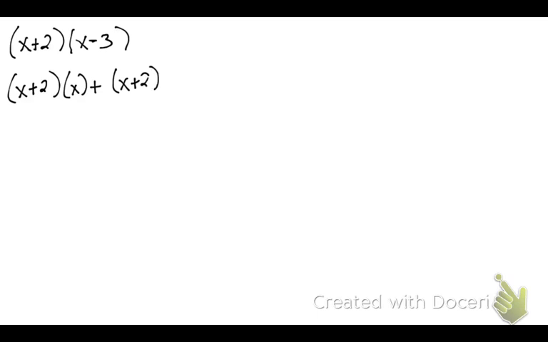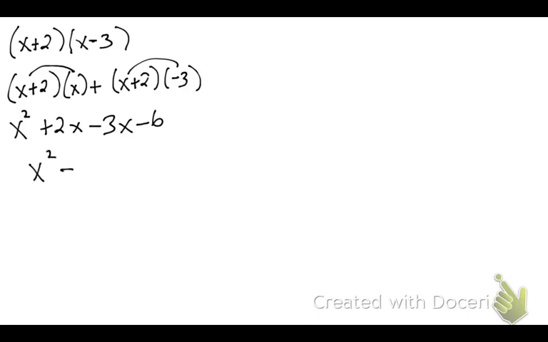And we did it this way for purposes of factoring, which many of you have mastered now. When we distribute again, you get x squared plus 2x minus 3x minus 6, and the middle terms become x squared minus x minus 6.